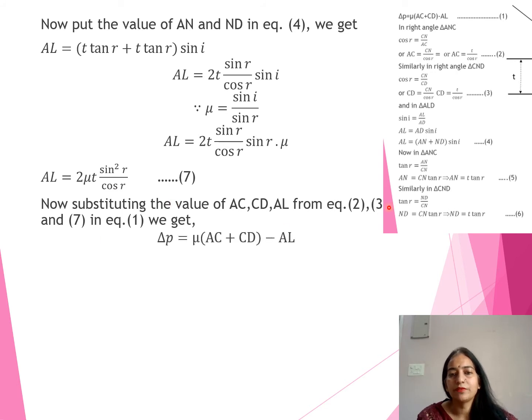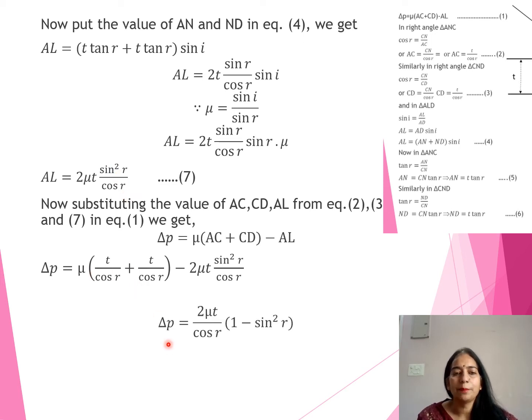Now substituting the values of 2, 3, 7 in equation 1. The value of AC equals t upon cos r. The value of CD is t upon cos r, and the value of AL is 2 mu t sin square r upon cos r.